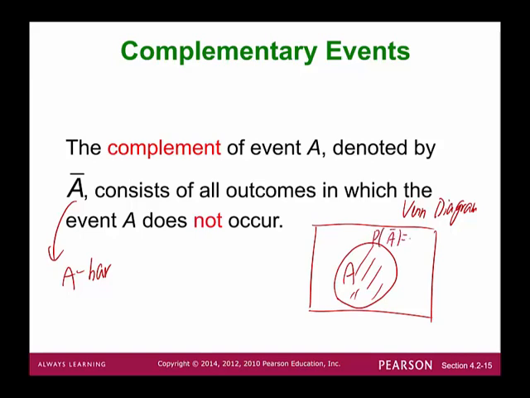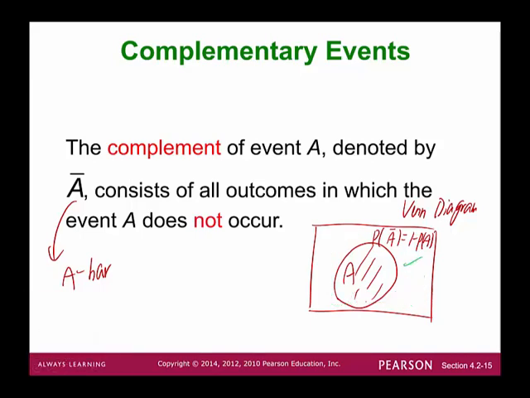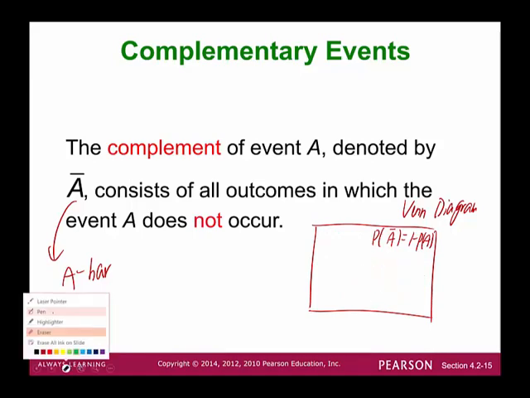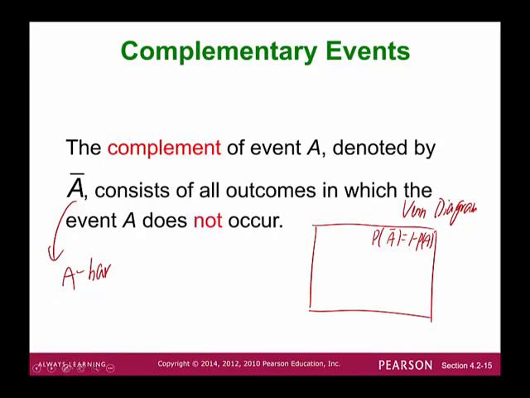The probability of A bar is 1 minus P(A). So we use another color. A bar will be everything else. This is A, this color with the circle.